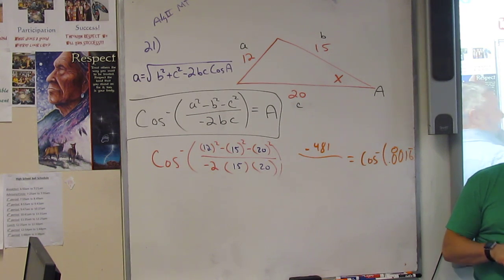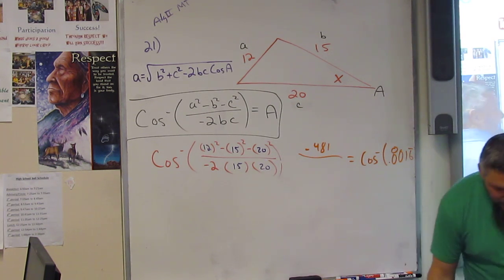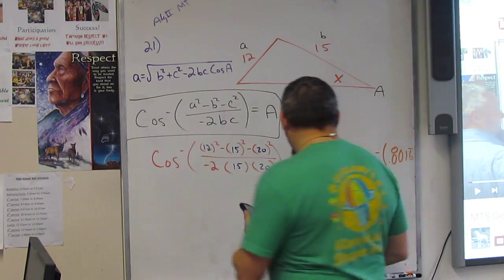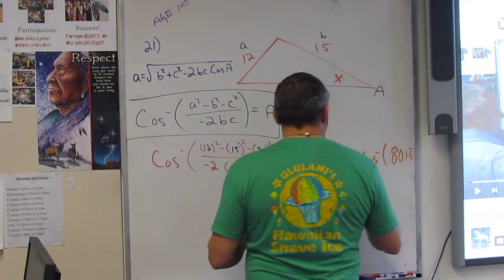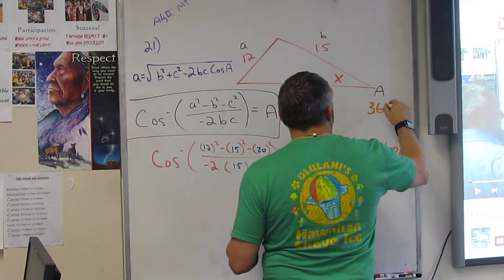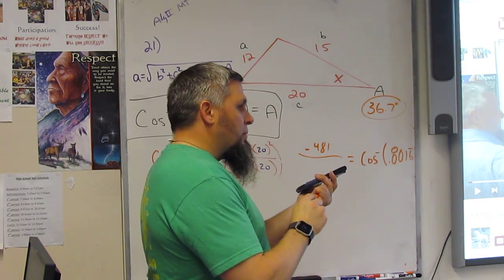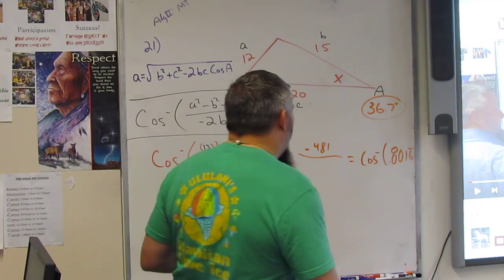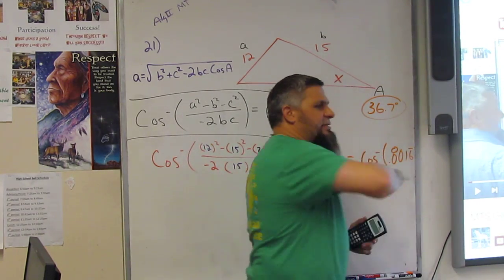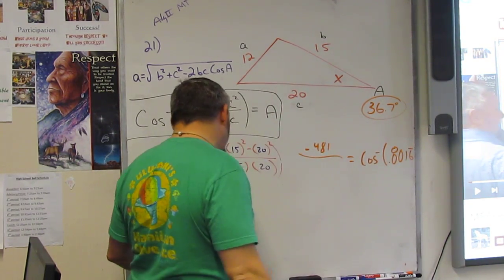And then I'm able to just hit equals, and I get 36.7. Okay. So A is 36.7. What's that number on my cosine? 0.8016, and the 6 goes on infinitely.